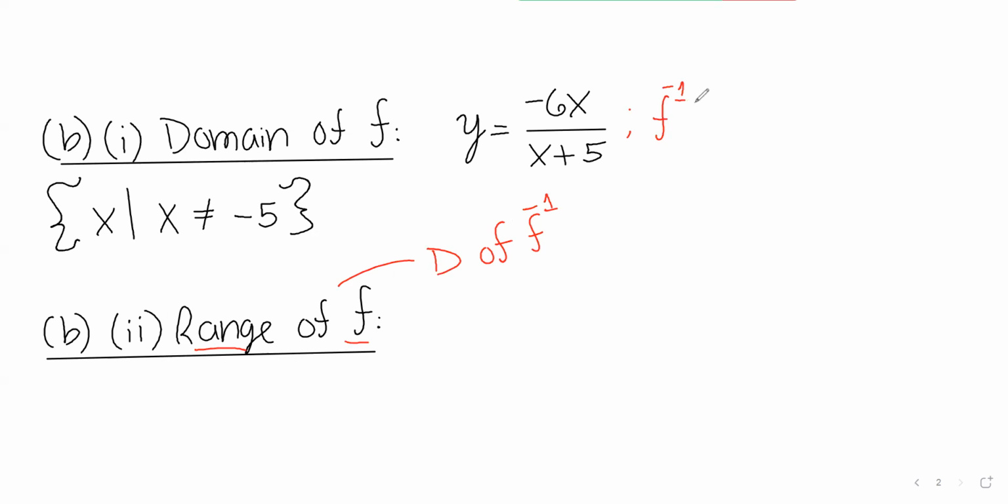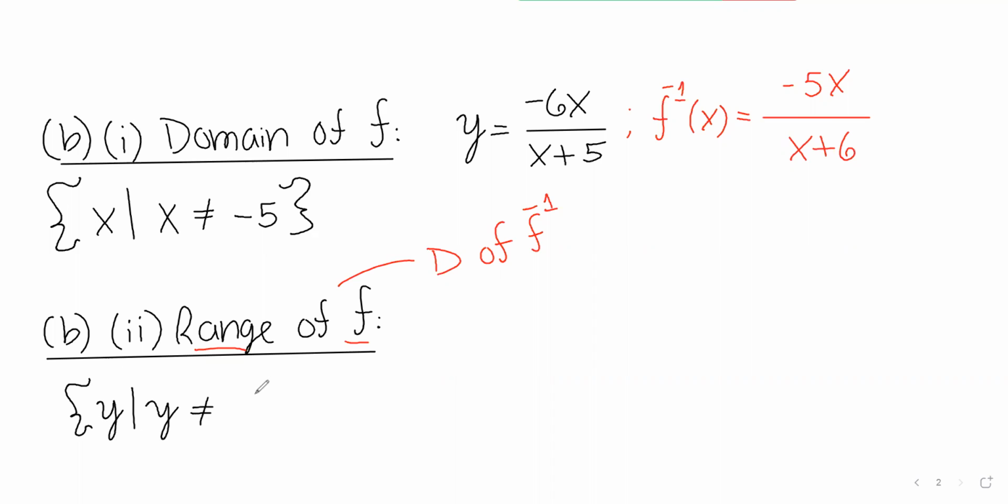The inverse was negative 5x over x plus 6. So the range would be the set of y such that y cannot be -6.